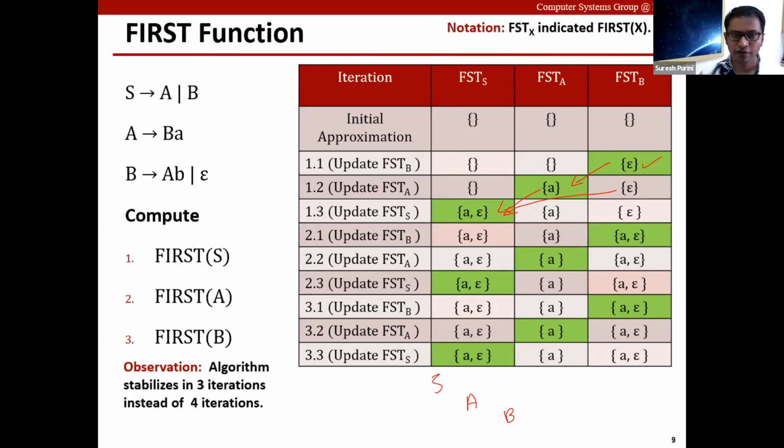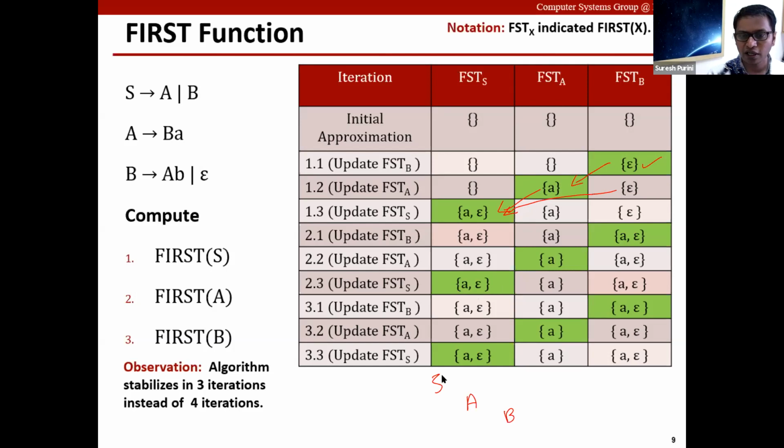And then we repeat. You can see that by the end of iteration 2, the actual first sets for the different non-terminal symbols are available, and we require one more iteration, iteration 3, to figure out that the solution has in fact converged.